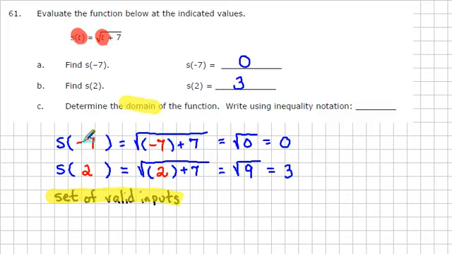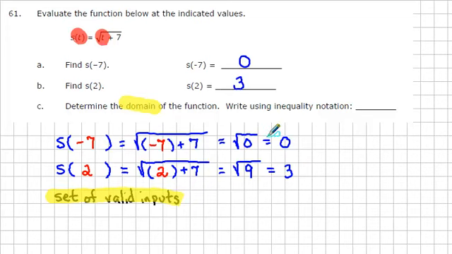So far, we've seen that negative 7 and 2 are valid inputs. When we inputted negative 7, we got an output of 0. When we inputted 2, we got an output of 3. A number is not in the domain if it does not produce an output.